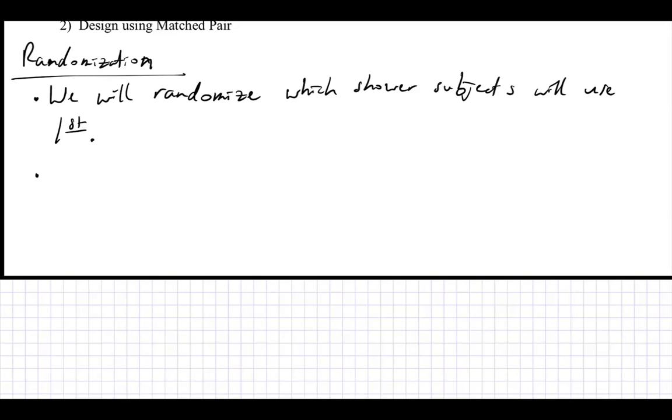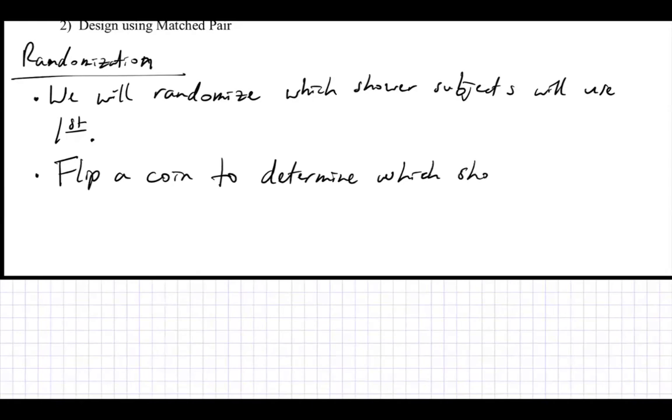Flip a coin to determine which shower will be used first.